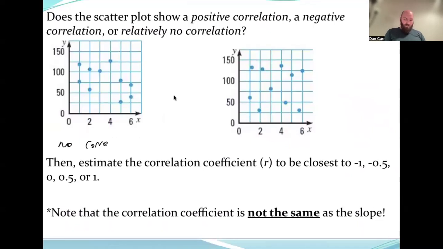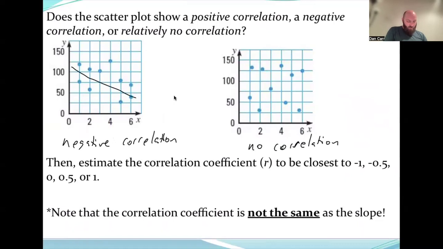When I compare this one to the other one, this one is going to be no correlation here. This one is going to be a negative correlation. You can see a trend line going through that one, whereas on this one there's not really a trend line. So I would say this one is the negative correlation.